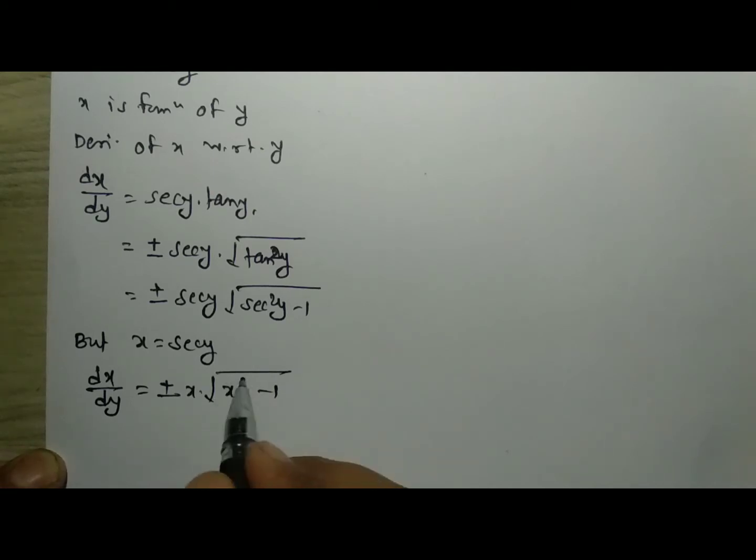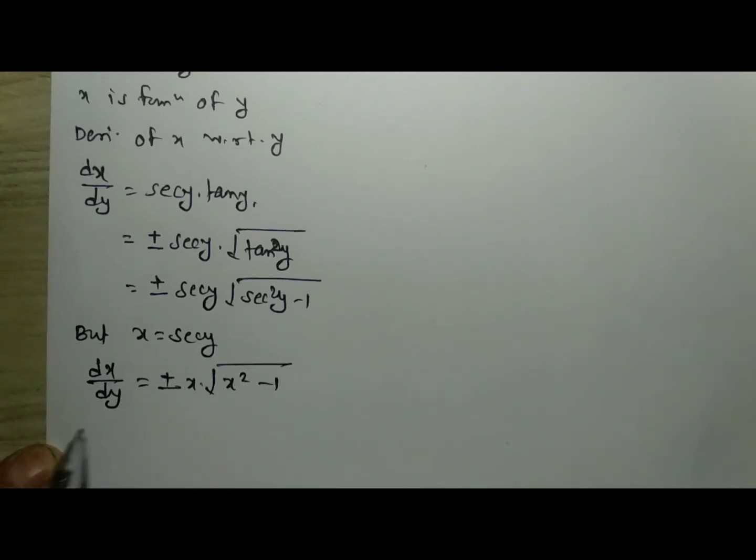Now we know that for 0 is less than or equal to y is less than or equal to pi, and y is not equal to pi by 2, excluding this value, we get 0 and pi.